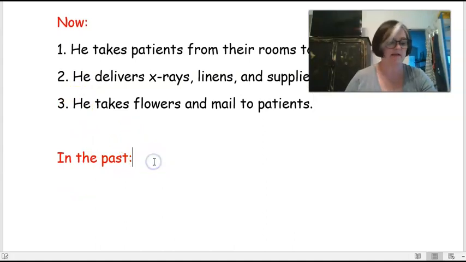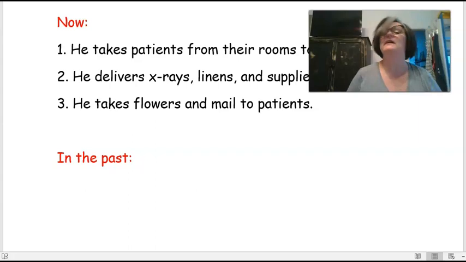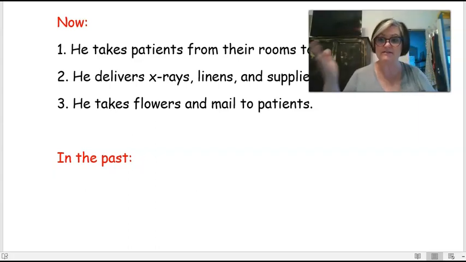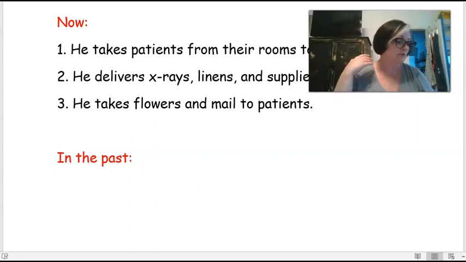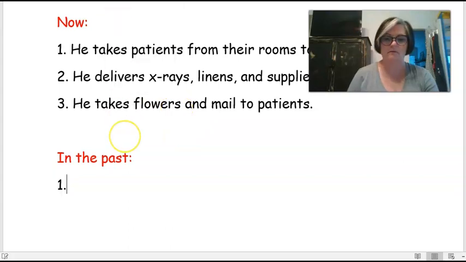Now, in the past, at his other job, it says from 2015 to 2017, so that's in the past. So we're going to list the job duties he had then. And the first one that we're going to list is he cleaned the floor.